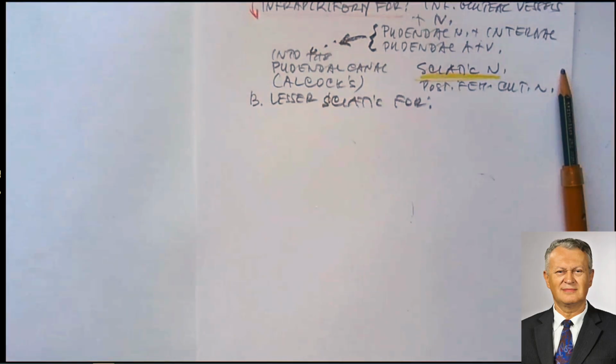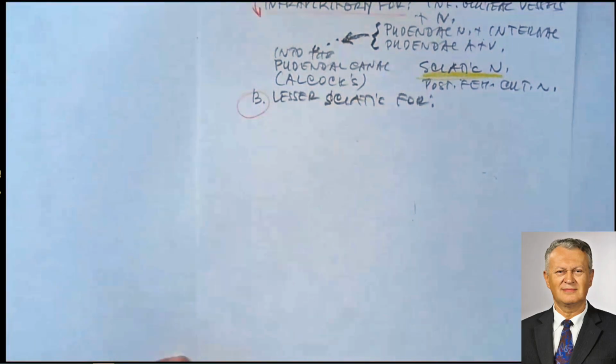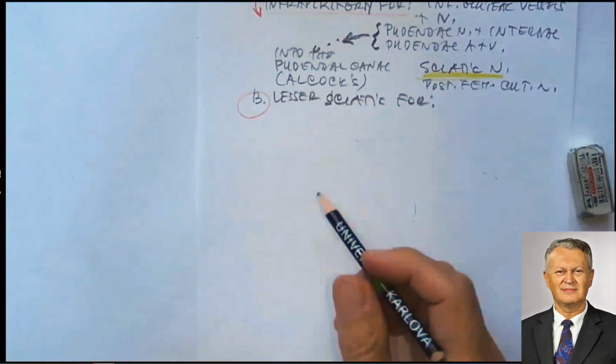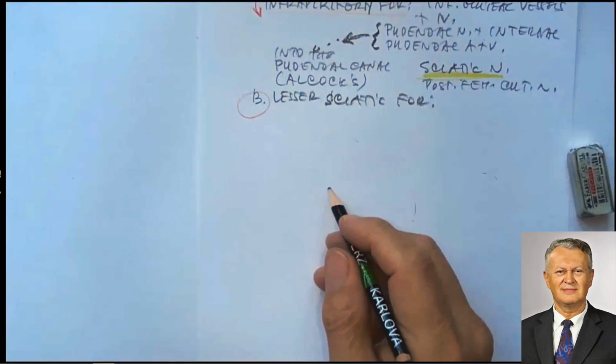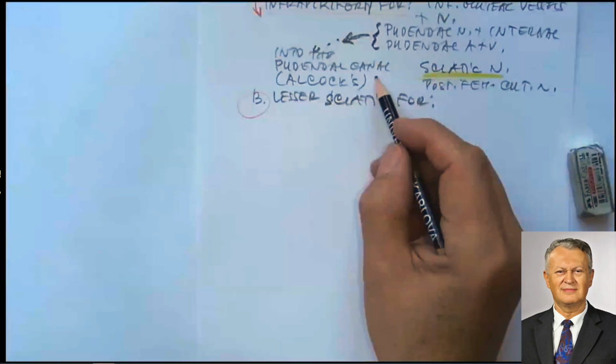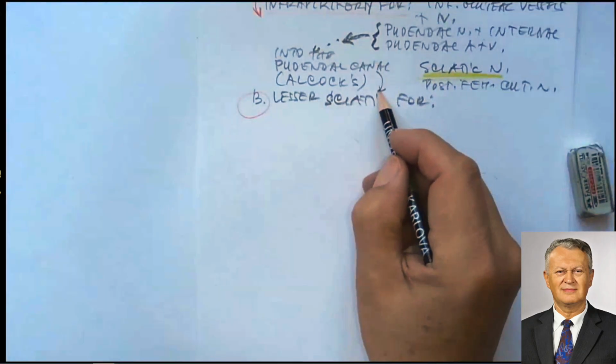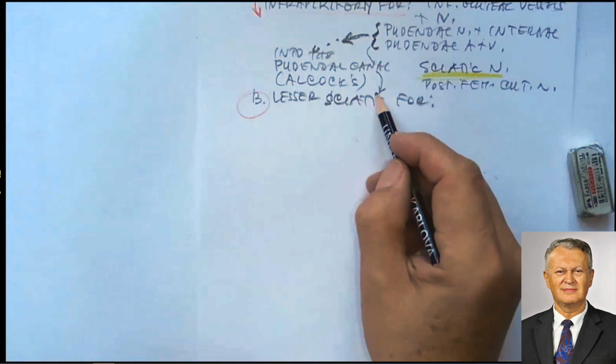So this lesser sciatic foramen contains only the tendon, because the nerves pass through the lesser sciatic foramen into the Alcock's canal, like that.